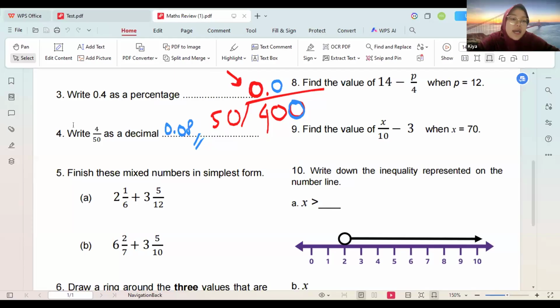Okay, and then how about the number 5? Can you just try on the screen?